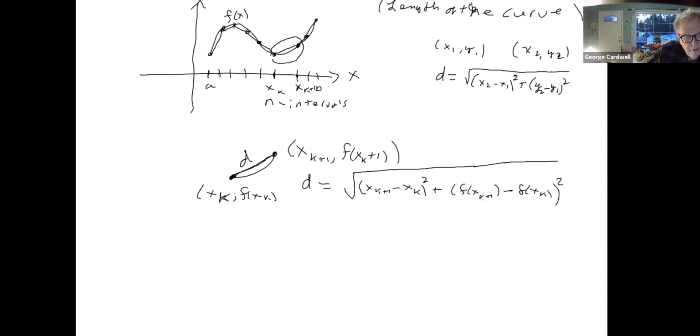So realize what I'm doing: if I drop a vertical line down here and one over here, this would be your change in x, which we'll call delta xk. Delta xk is equal to xk plus 1 minus xk. So I can rewrite d this way: xk plus 1 minus xk is the same thing as delta xk, so delta xk squared.